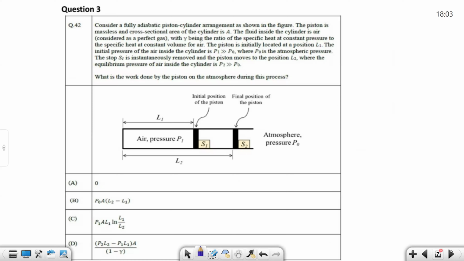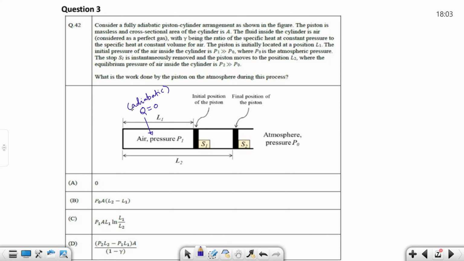Consider a fully adiabatic piston cylinder arrangement. Adiabatic means no heat transfer, so the heat transfer into the cylinder will be zero. The piston is massless.